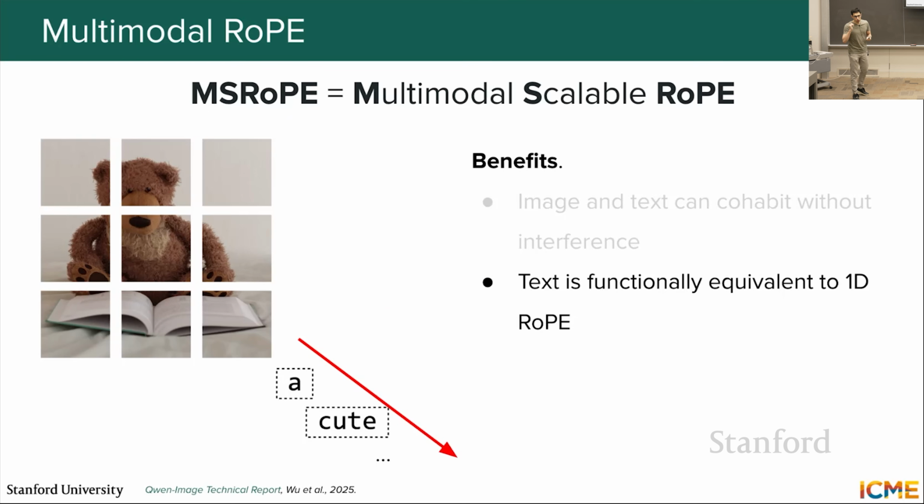And if you use an axial formulation of the 2D representation, you even notice that your text tokens become equivalent to the 1D case, because you have your x and y's that are incremented by 1 between one another. So you just fall back on the same case.